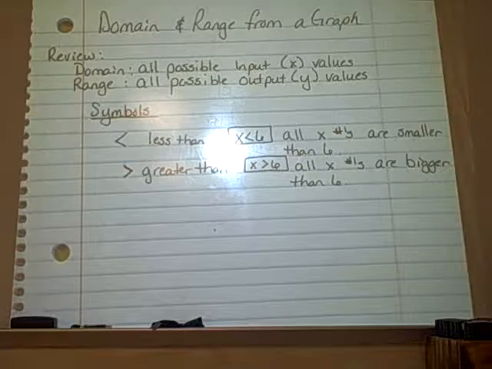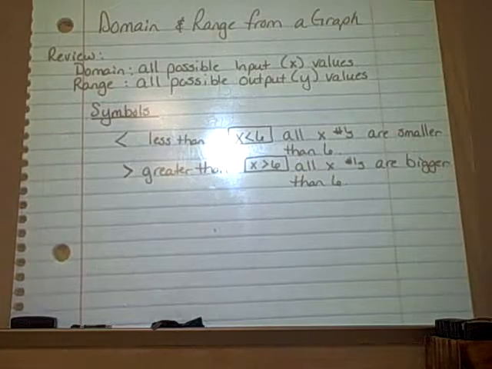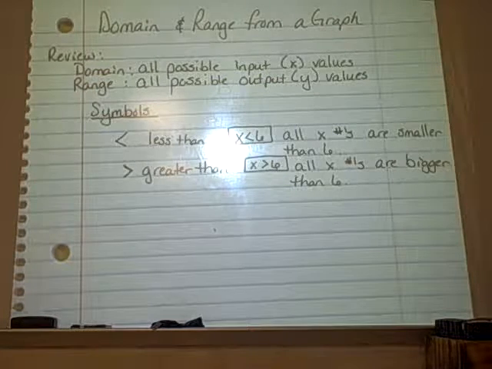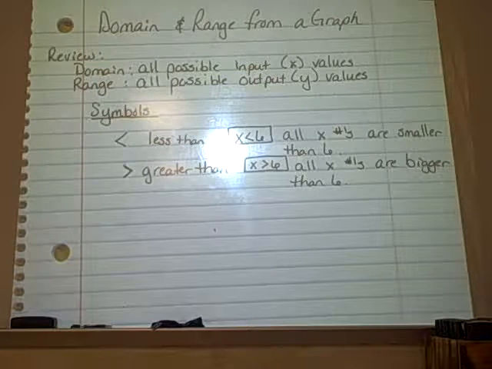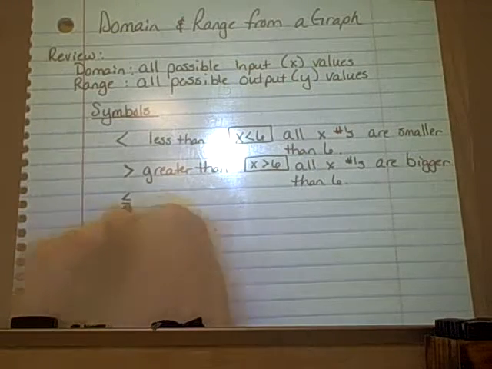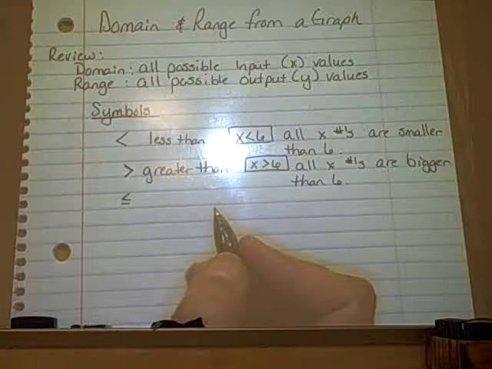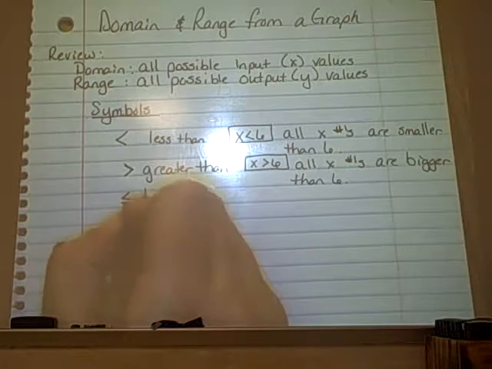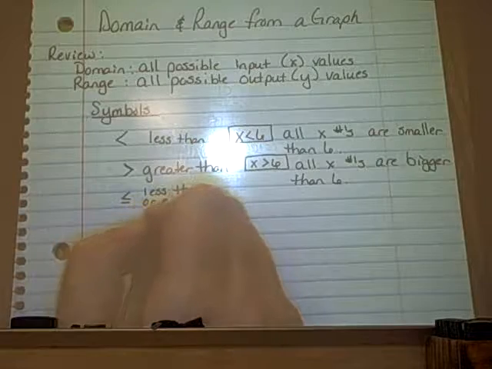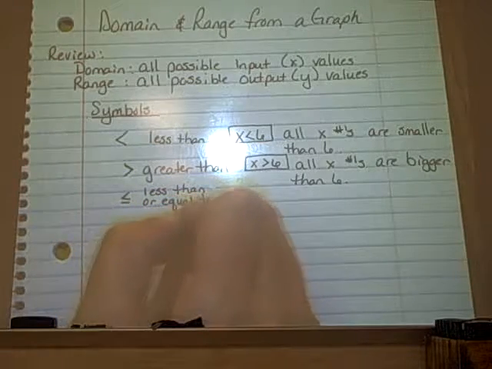Okay, then there's two more that we use a lot with these, and for some reason a lot of times my students don't recognize these. I don't know if you don't use them as much in 7th or 8th grade, but we're going to go over those also. So there's this one that has a line under it. This is less than or equal to.